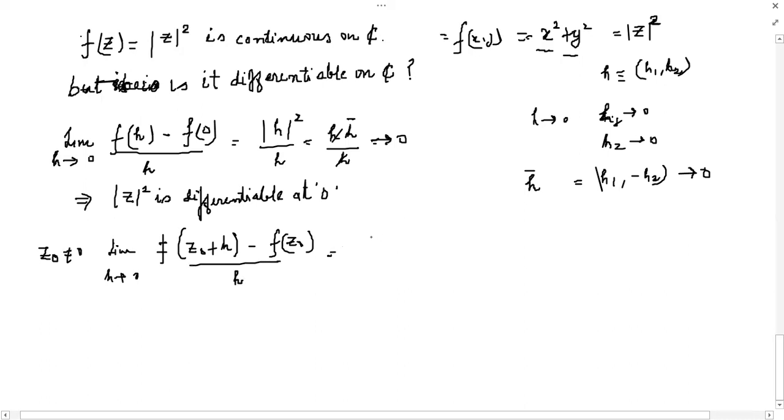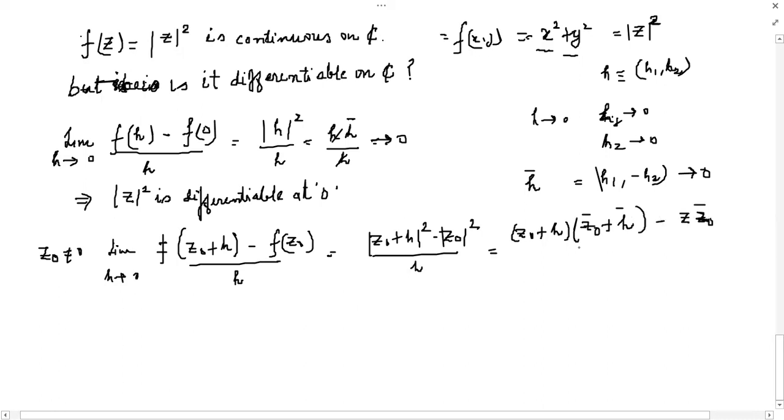So this will be simply mod z naught plus h whole square minus mod z naught whole square divided by h. And this will be z naught plus h into z naught bar plus h bar minus z naught into z naught bar, divided by h.